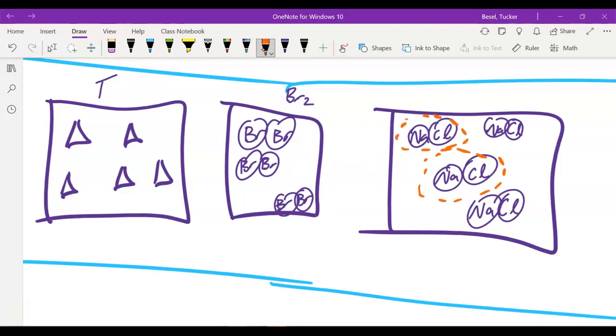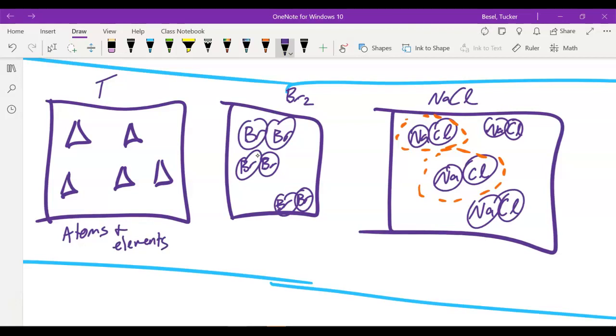All of these ones are NaCl compounds. Okay, so both of these. So this first one would be a pure substance that is an element, and just atoms. Elements.